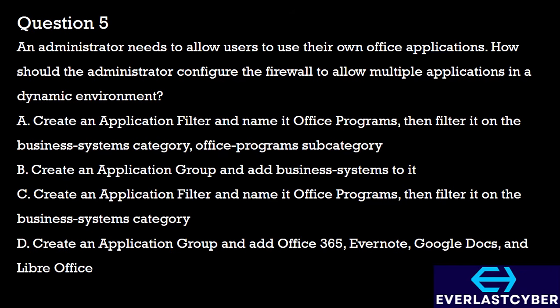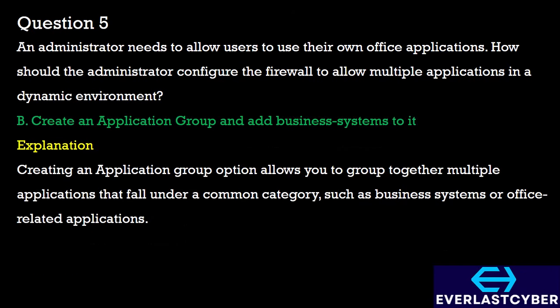By grouping them into an application group, you can apply consistent security policies to all the applications in the group without needing to manually manage each individual application. So option B is the most likely case where the administrator can configure the firewall to allow multiple applications in a dynamic environment that users want to use their own Office applications.